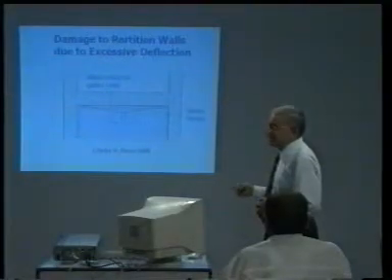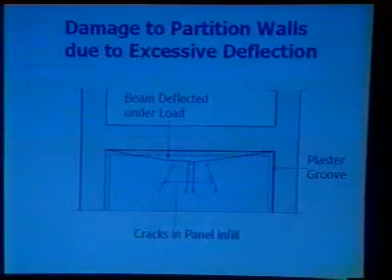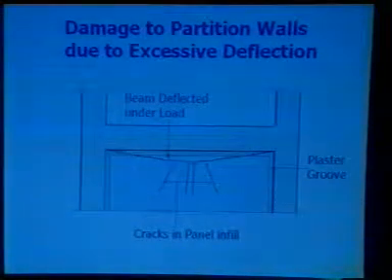When the load comes, it deflects, and obviously you find these cracks taking place. So, you must make sure that this panel infill is constructed later on and should have a groove all around to restrict the cracks into that groove, which can be repaired later on.